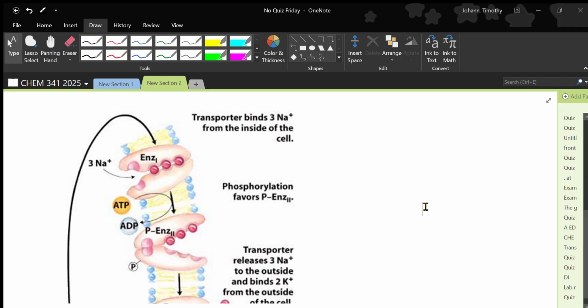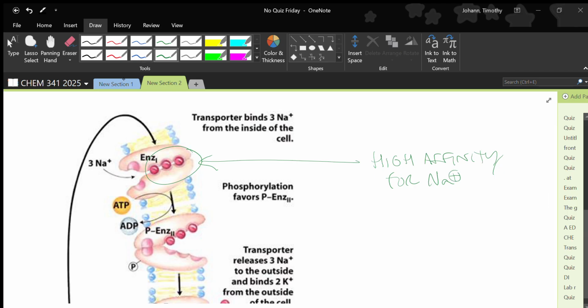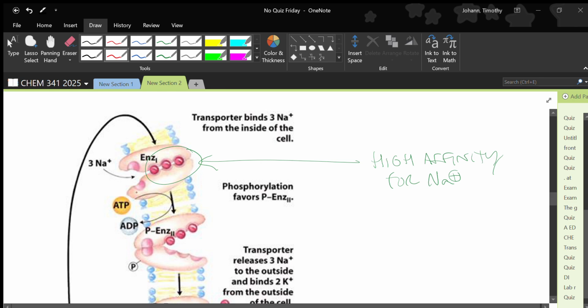In this case, the transporter right here is open to the inside, and when it's open to the inside, it's going to have a high affinity for sodium. And while it's open to the inside, it's going to have a low affinity for potassium.